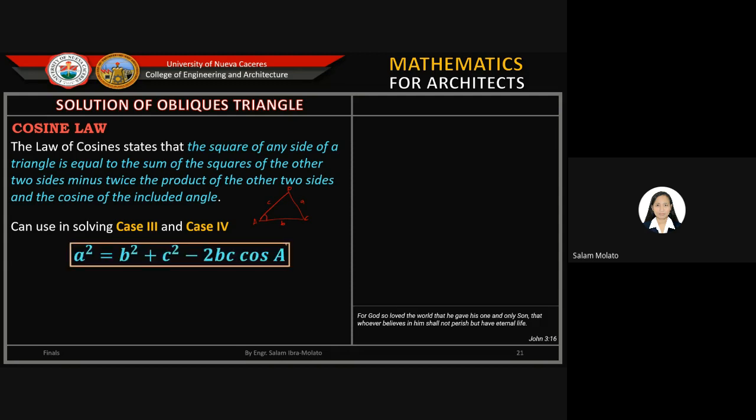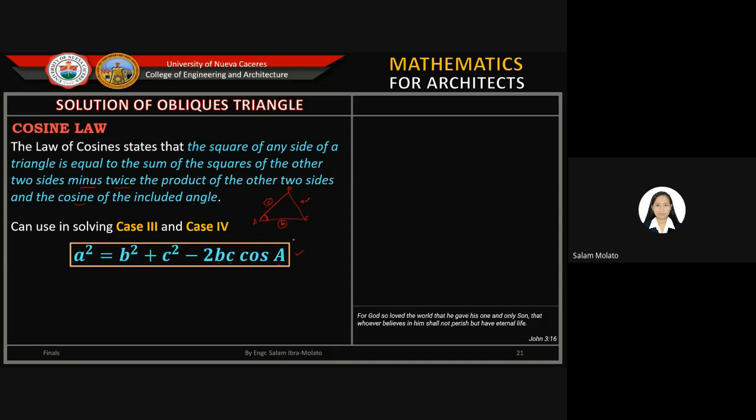So, in putting this into an equation, the cosine law says the square of any side of a triangle, say a squared, which is what we are going to compute, is equal to the sum of the squares of the two other sides, b squared plus c squared, minus twice the product of the other two sides, and then the cosine of the included angle, which is A. Here, the given in our first equation are C, B, and the included angle A. Therefore, we can compute for the other side, which is A.